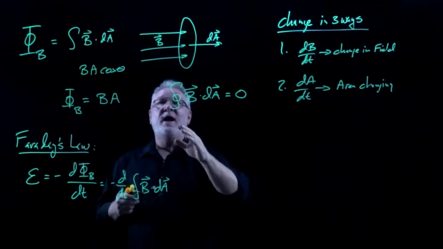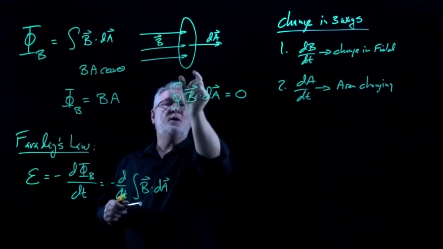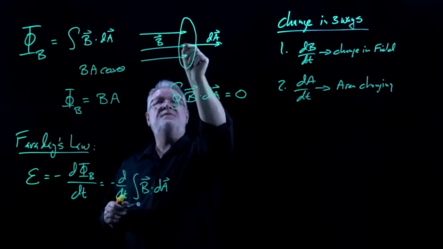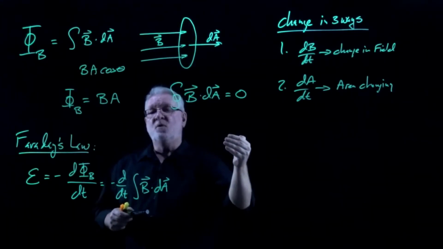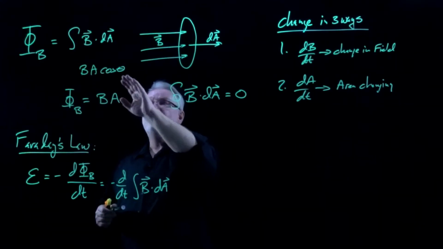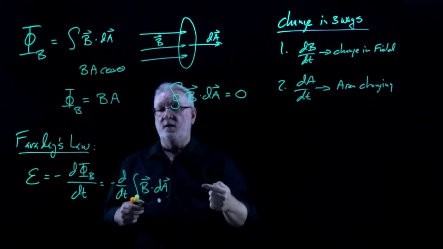What more often happens is the B field only occupies a certain region. And if I were to grab a hold of the edge of that area, that loop, and lift it up or down, then I can move it into the region with the field or out of the region with the field, and therefore the flux, the amount of field that's passing through the area, would change.